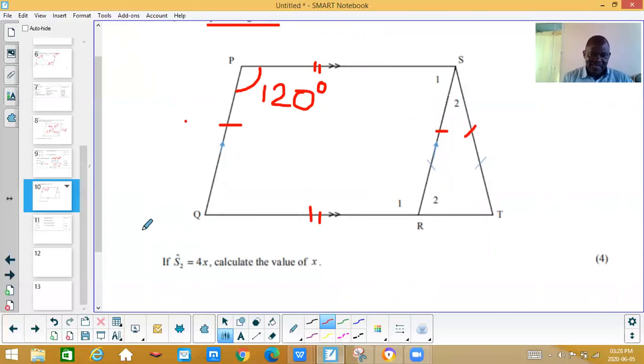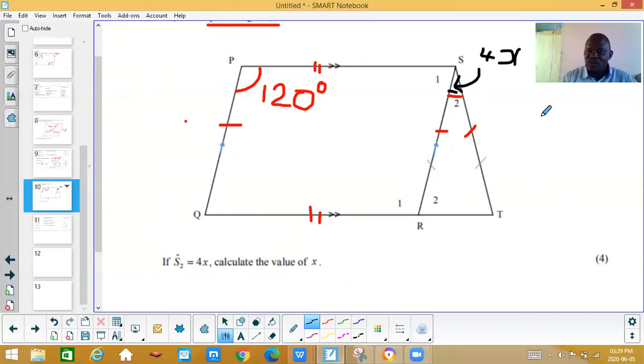Now they are saying, if this angle S2 is equal to 4x, calculate the value of x.